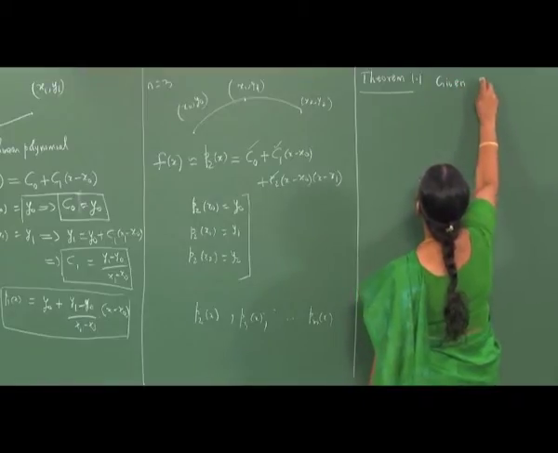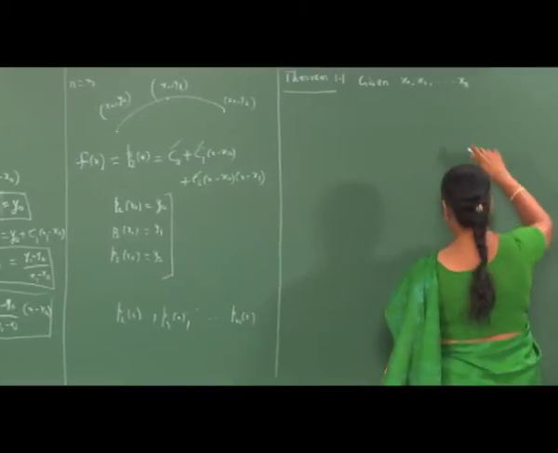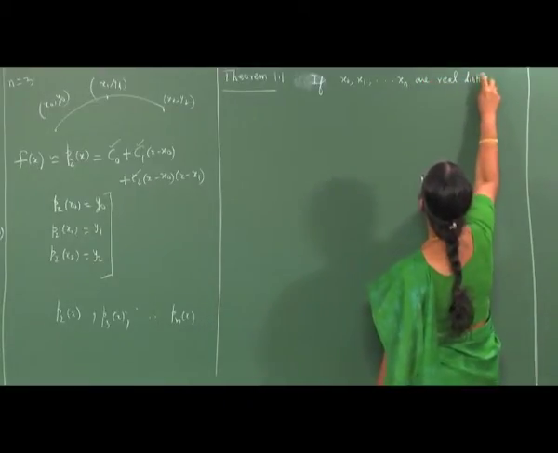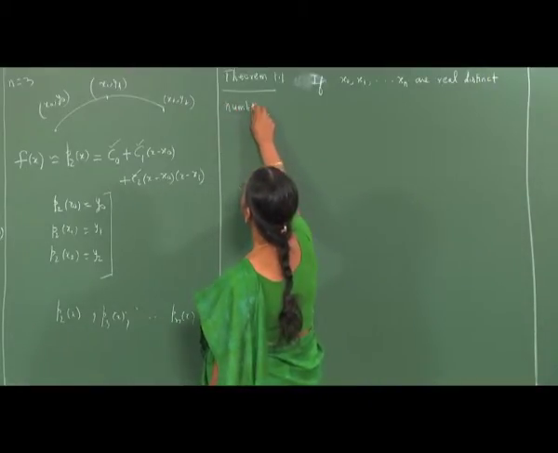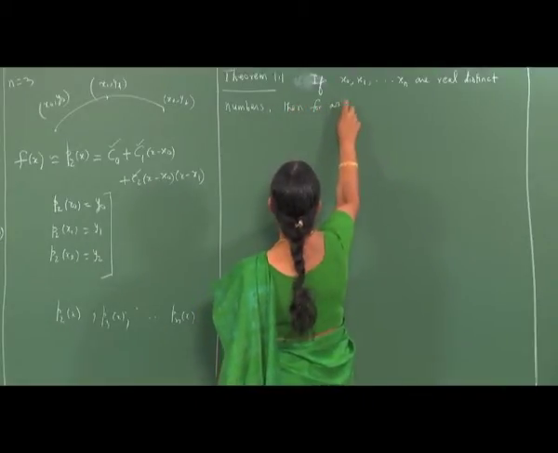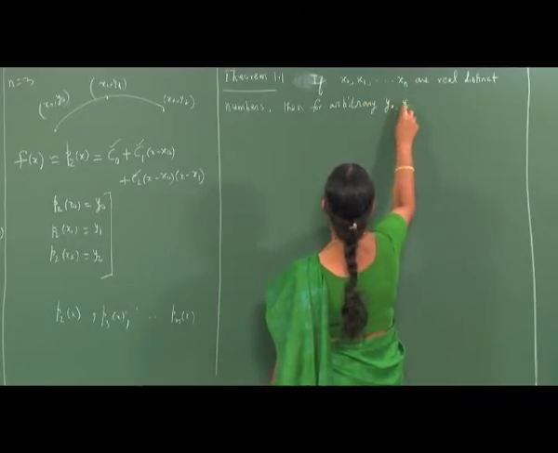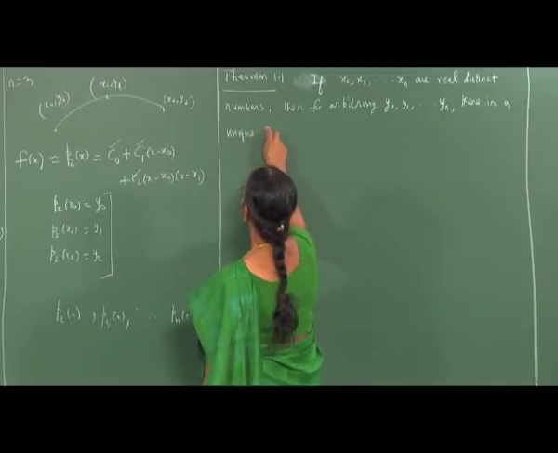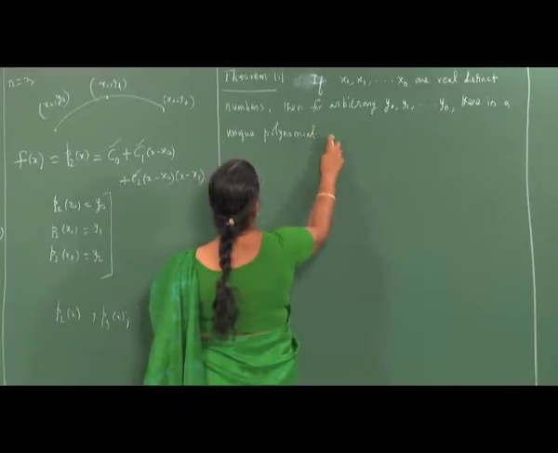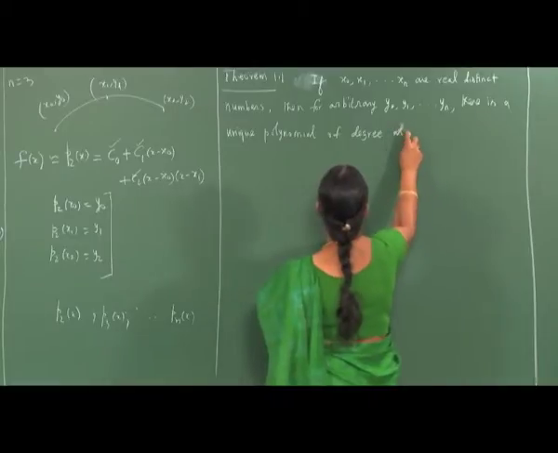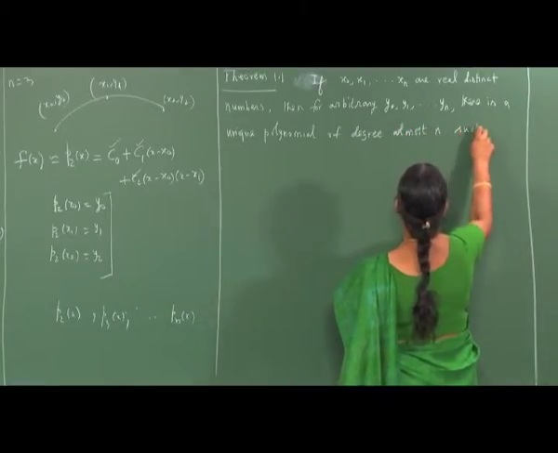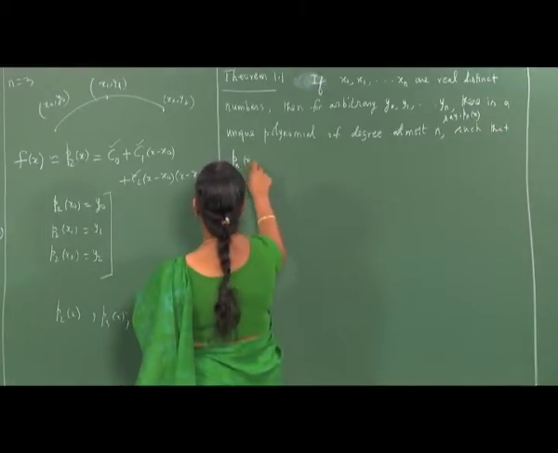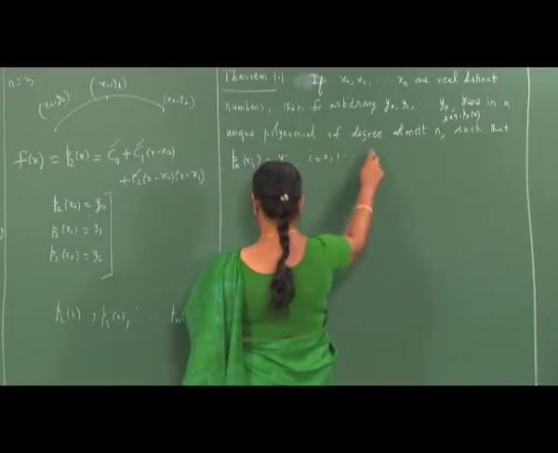So, it says if x0, x1, etc., xn are real distinct numbers, then for arbitrary y0, y1, y2, etc., yn, there is a unique polynomial of degree at most n, say Pn of x, such that Pn of xi equal to yi for i is equal to 0, 1, 2, 3 up to n.